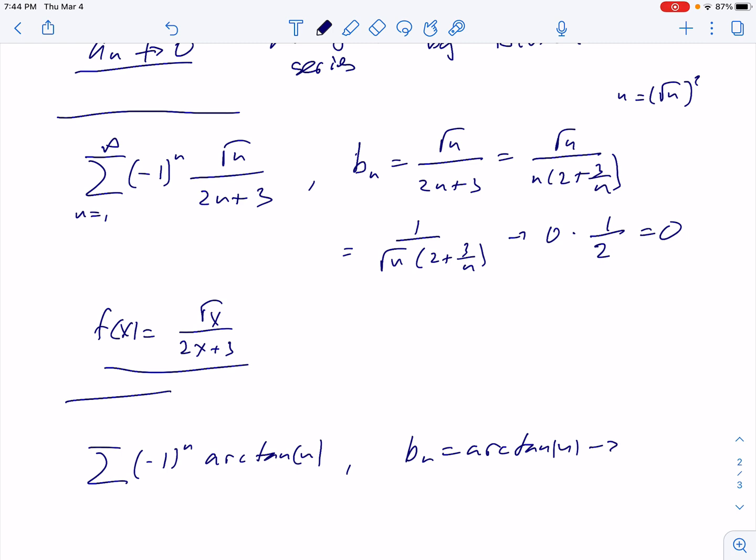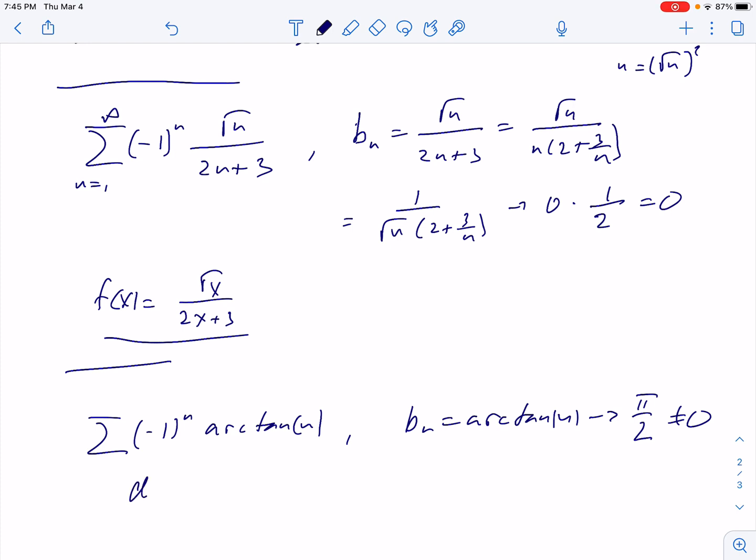The limit is pi over 2. Arctangent x grows to pi over 2 when x grows to infinity, and here n is a discrete sequence going to infinity. The limit is pi over 2, which is not 0, and this series is divergent.